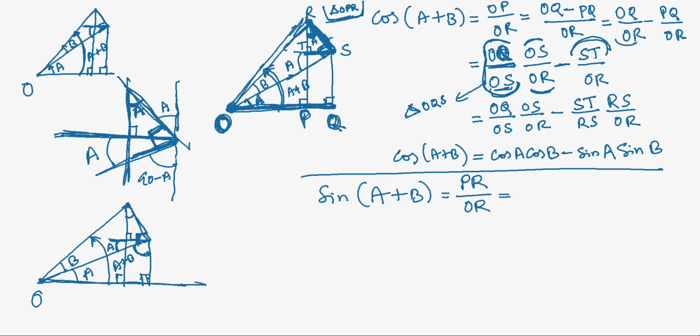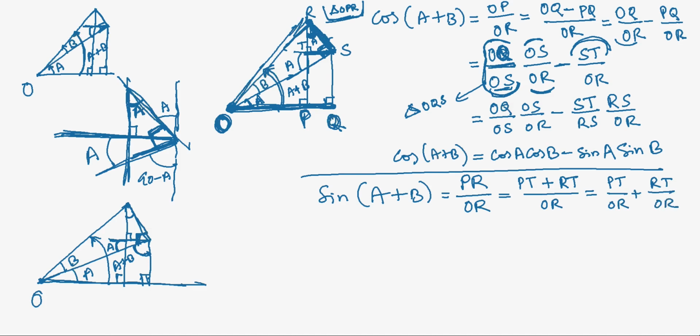Now look at the PR. PR can be split into PT added with TR, divided by OR. It can be written as PT over OR plus RT over OR.